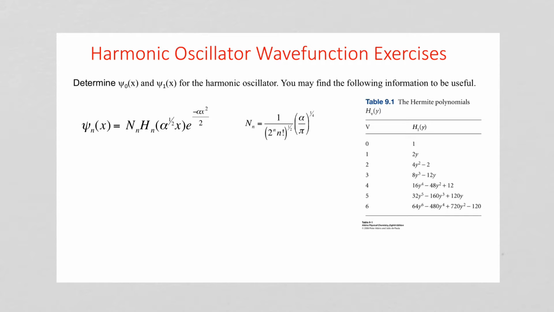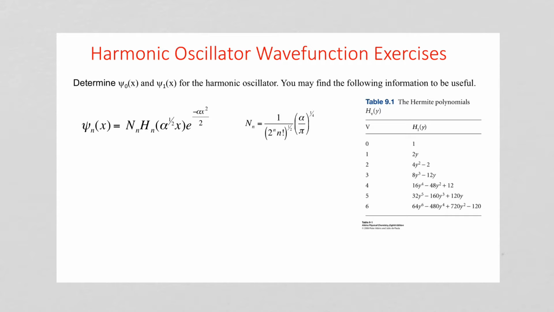It just might be in a slightly different notation with what's inside the parentheses. But for us, just remember we're putting alpha to the 1/2 x in there. And then the final component of our wave function is this Gaussian function here, e to the minus alpha x squared over 2.